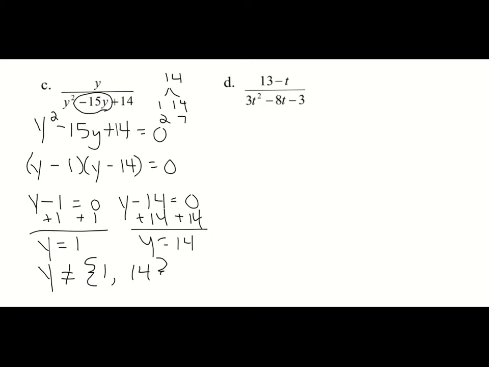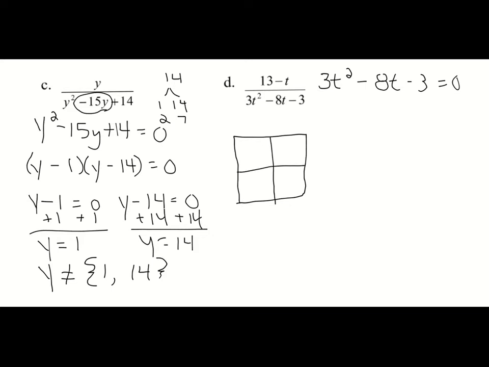And again, we're going to start off by making that equation 3t squared minus 8t minus 3 equal to 0. Now, this is a hard trinomial, so let's go ahead and box it. We'll put our 3t squared here, our 3 here, and then I know I need my t's and a number. So we'll multiply 3 times 3.